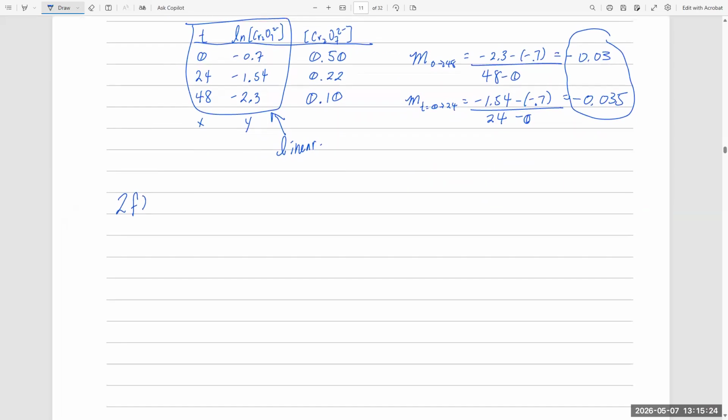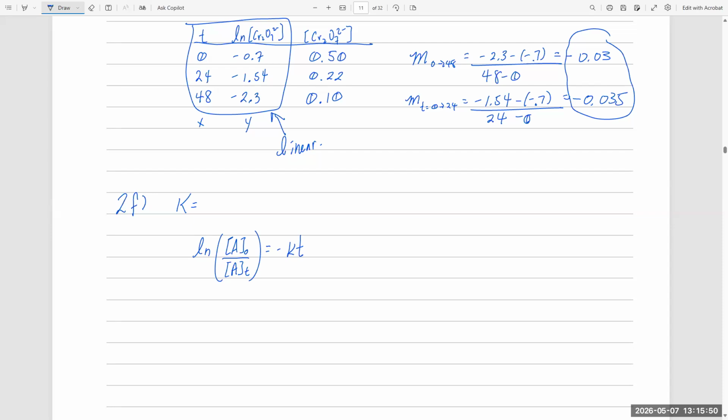All right. So the equation that we need, we're going to calculate the rate constant K. I'm going to leave that here, fill it in later. So the equation that we need is going to be natural log of A naught over A sub T is equal to negative KT.